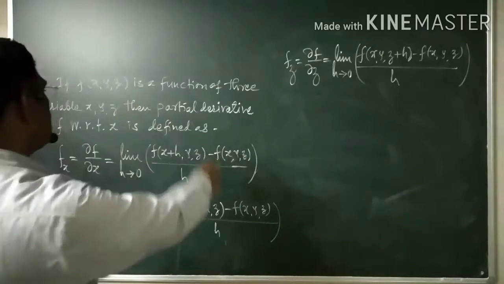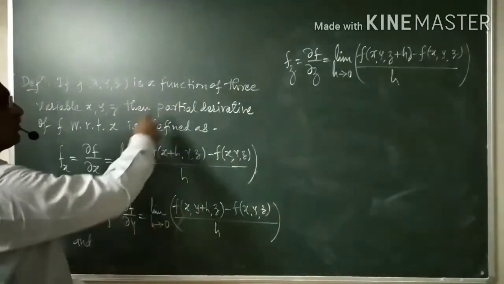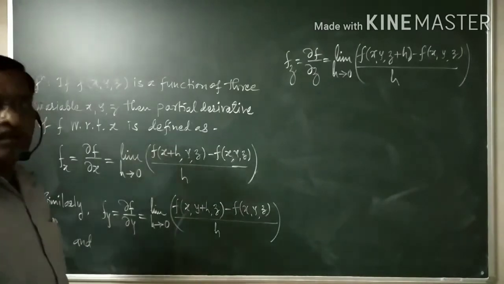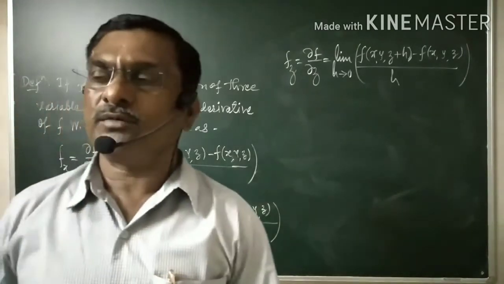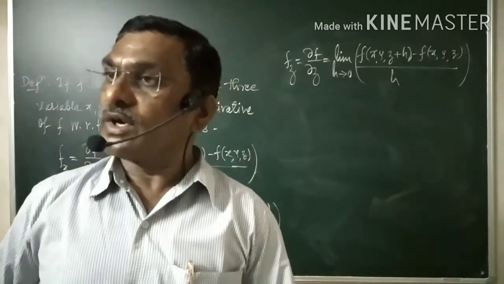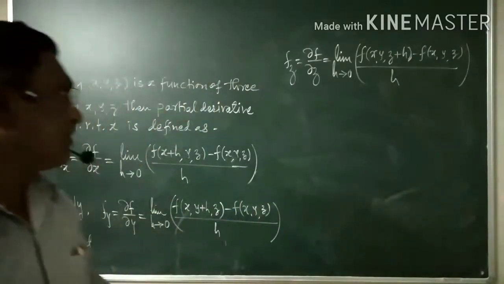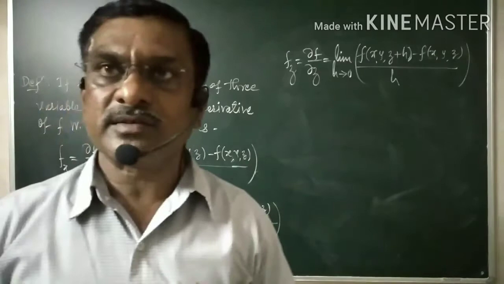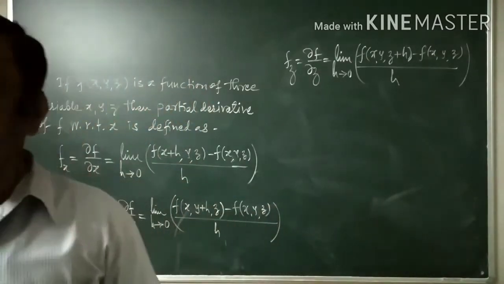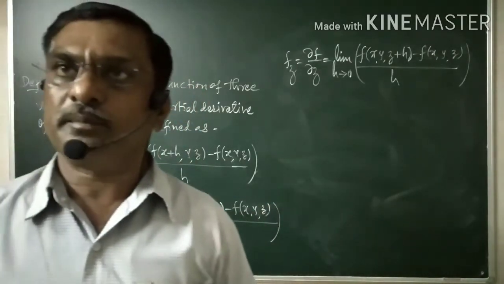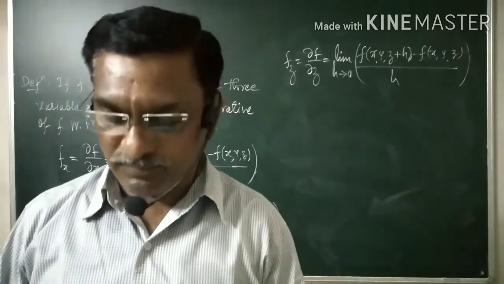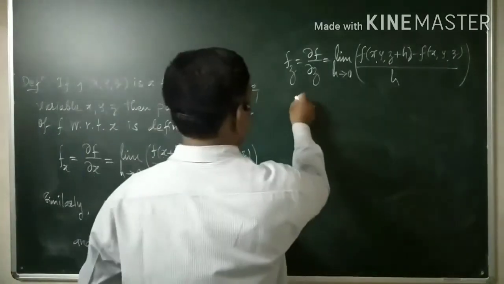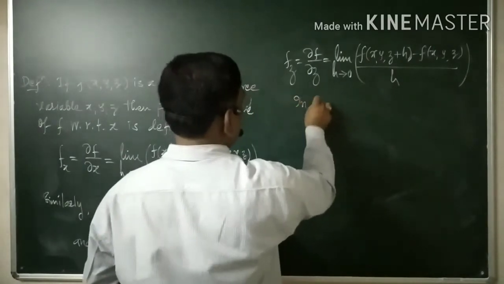Now, by using this definition, you can come across the idea of how to define the partial derivative of a function of two variables. Just now we have defined it for three variables. You can try for four variables, x, y, z, t, and so on and so forth. You can define the partial derivative of a function of several variables, and therefore I will give the definition in general.